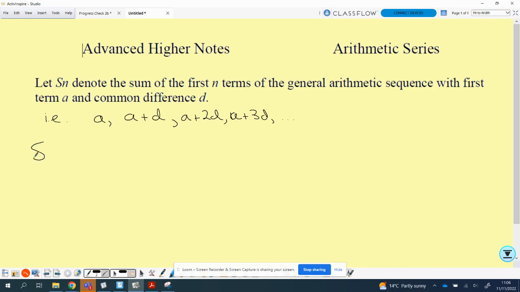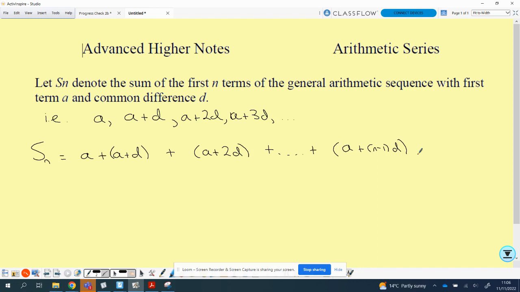So let's say I want to sum the first n terms in an arithmetic series, so I'm just adding all my terms: a plus (a plus d) plus (a plus 2d), plus all the way up to the last term. Remember that the last term, the nth term, we would find as a plus (n minus 1)d. That's how far that series would go.